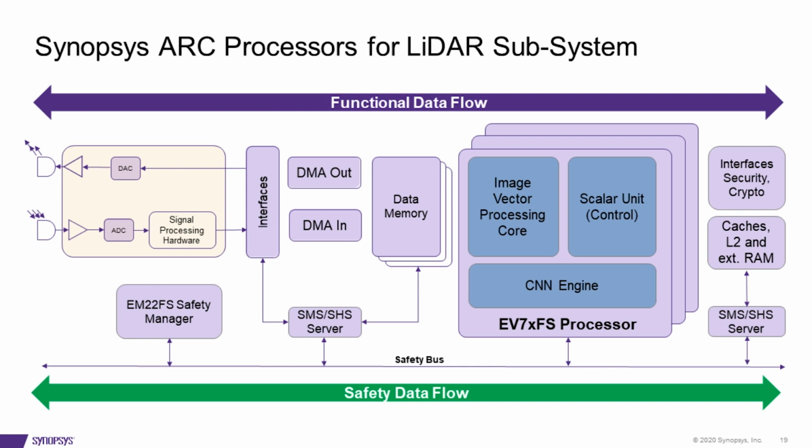All of that path can be managed by different aspects of Synopsys IP and goes into the overall system. And at the bottom there, you see that it's also critical to keep the safety-related elements separate, and that's where something like an EM-based safety manager combined with our star memory system or star hierarchical system will provide the overall safety architecture to separate the safety flow from the functional data flow.